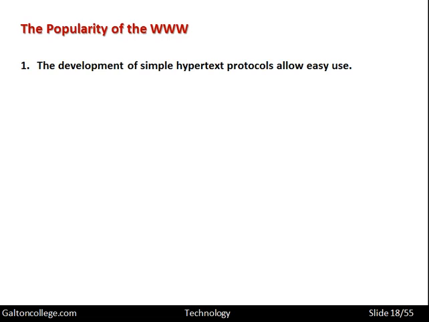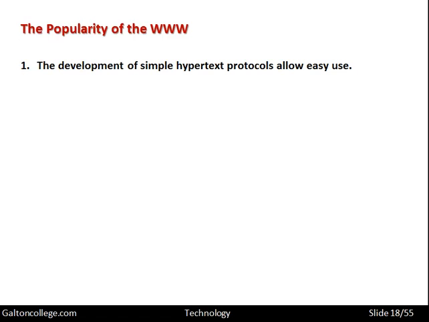Now, the popularity of the World Wide Web. Well, the development of the simple hypertext protocols allowed very easy use. I mean, this was a phenomenal breakthrough. In the past, generally speaking, we accessed information in a linear format.